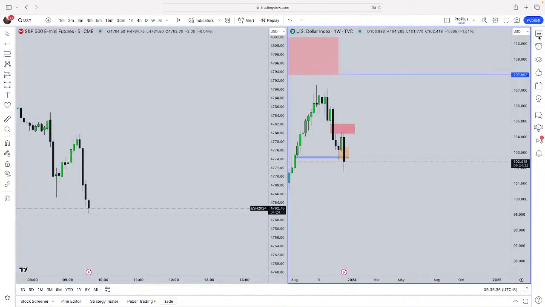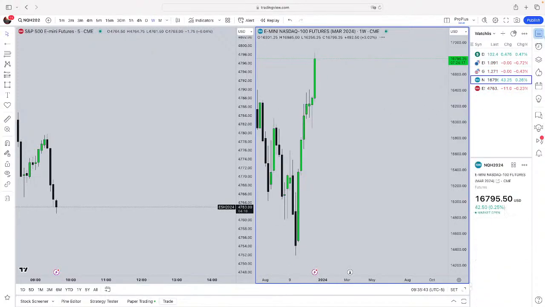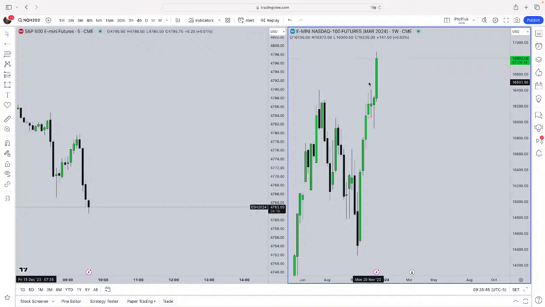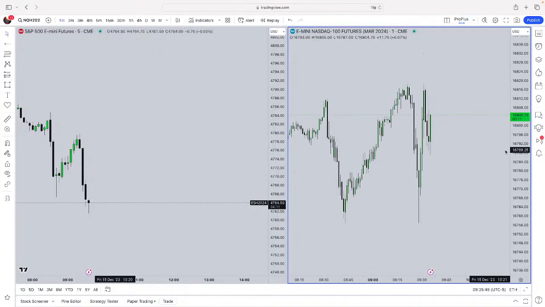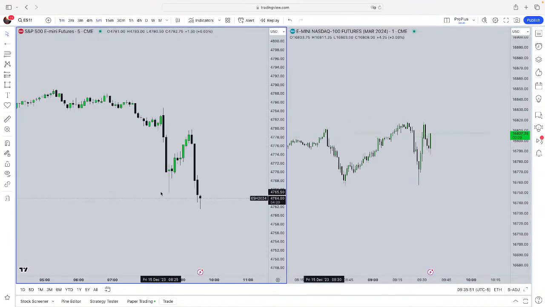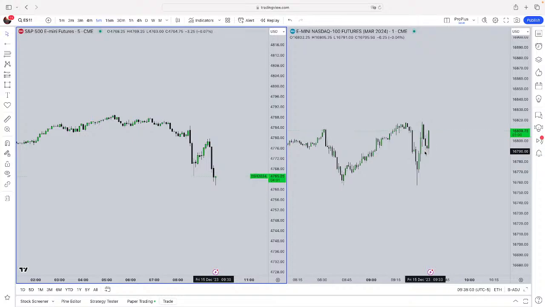If we go on to Nasdaq, 1 minute. So yeah, S&P is bearish at the minute, and Nasdaq is pulling up. So you want to make sure they're running the same.